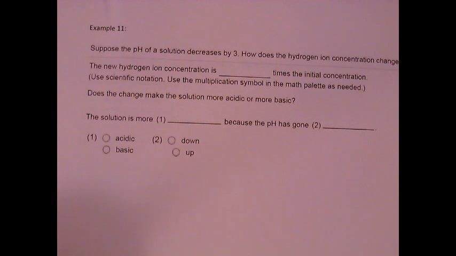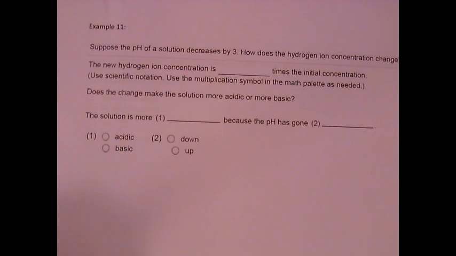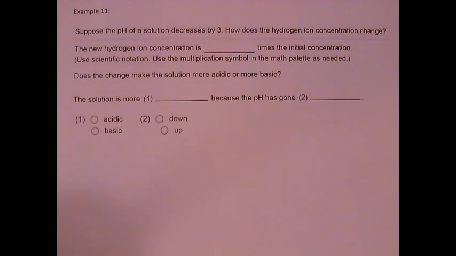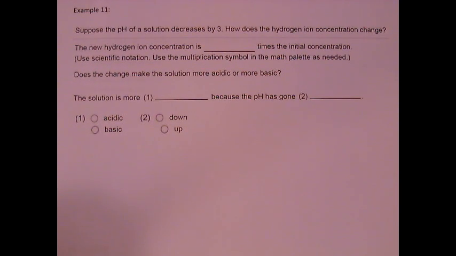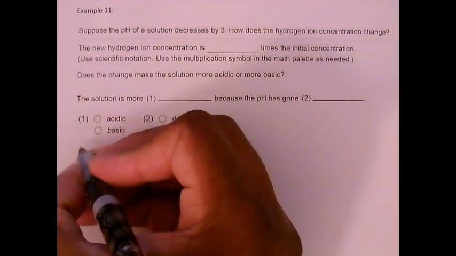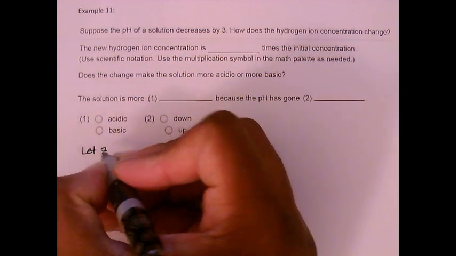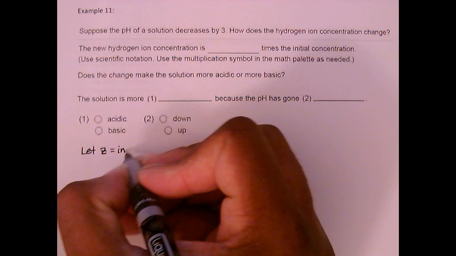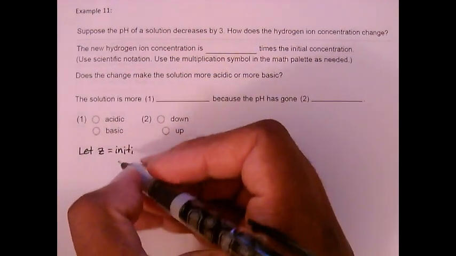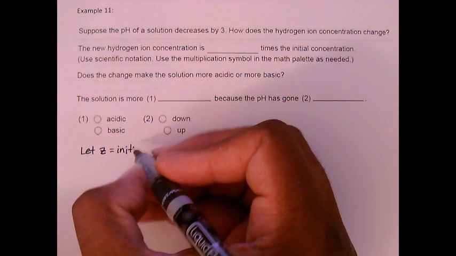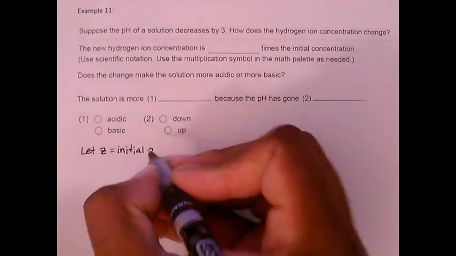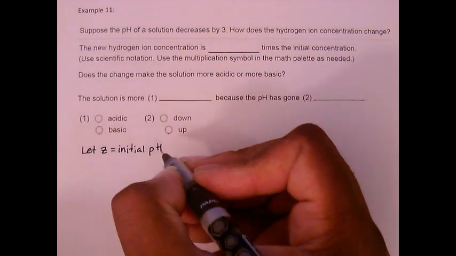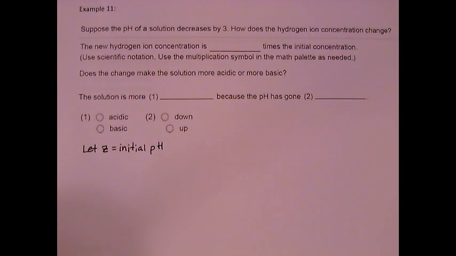Now, in this example, suppose the pH of a solution decreases by 3. How does the hydrogen ion concentration change? Here's how we're going to attack this problem.